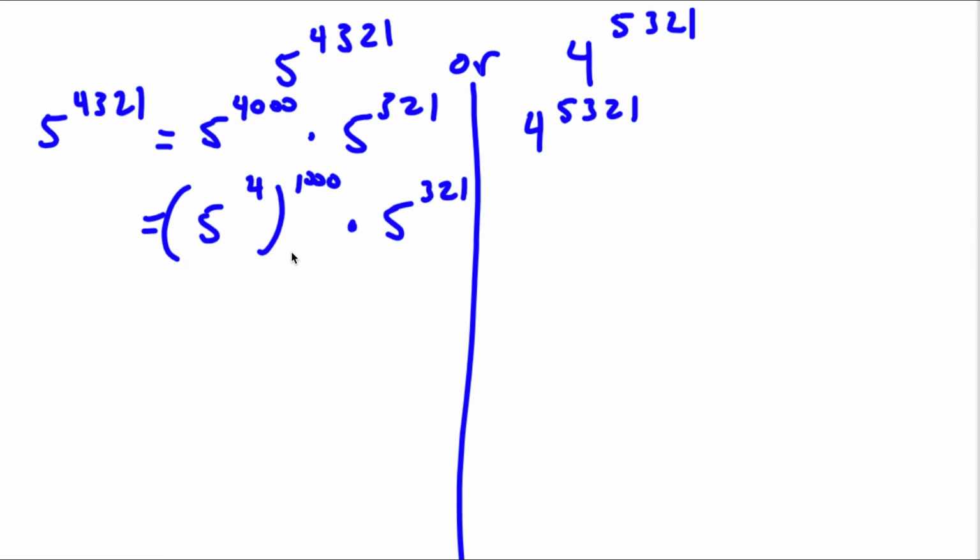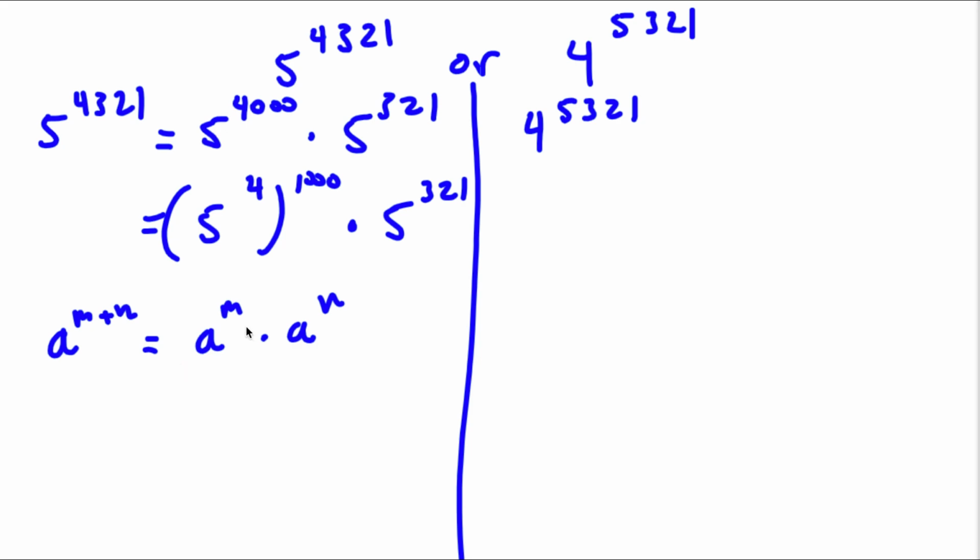And by the way, these are true because if I have something in the form a to the power of m plus n, this is equal to a to the power of m times a to the power of n. So in this case, 5 to the power of 4,321 was the same as 5 to the power of 4,000 plus 321. That's why I wrote it as 5 to the power of 4,000 times 5 to the power of 321.